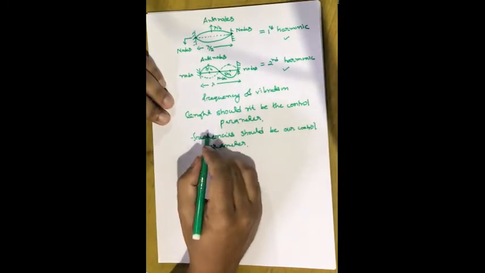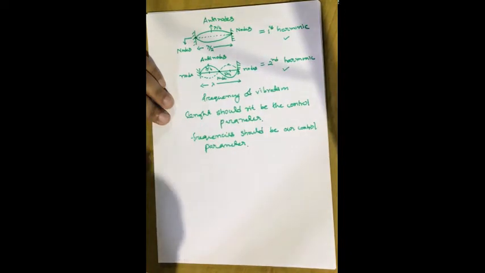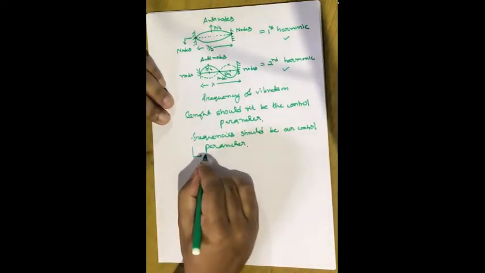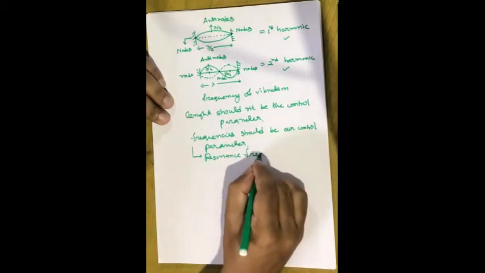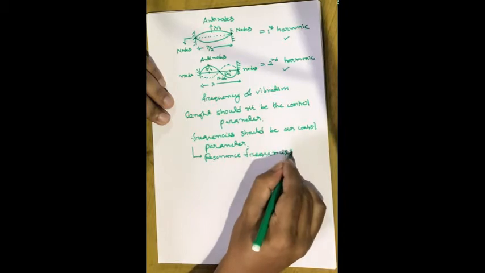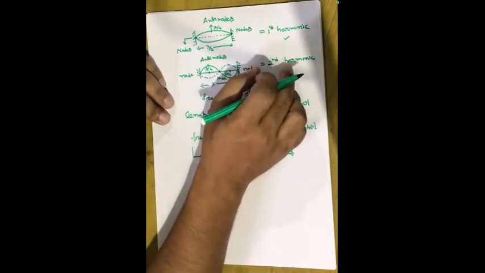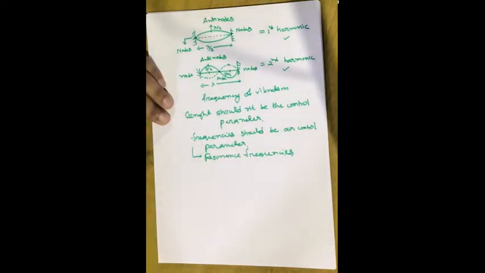And the frequencies at which we will get the first harmonic, second harmonic, third harmonic, fourth harmonic, etc., all these frequencies are known as the resonance frequencies. These are known as resonance frequencies because when we excite the first or second or third harmonic, the amplitude of the standing wave becomes maximum.